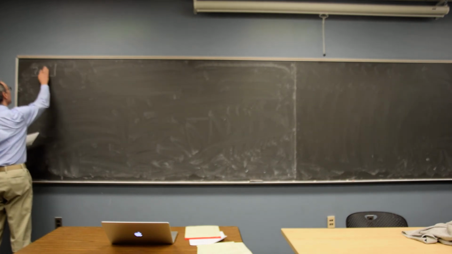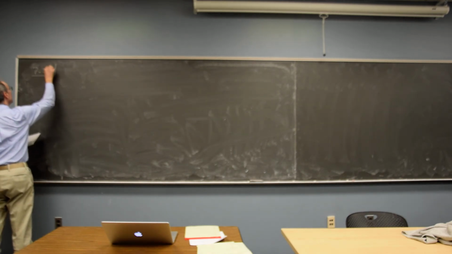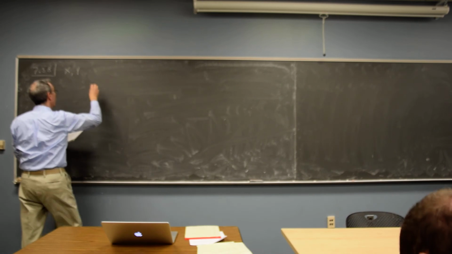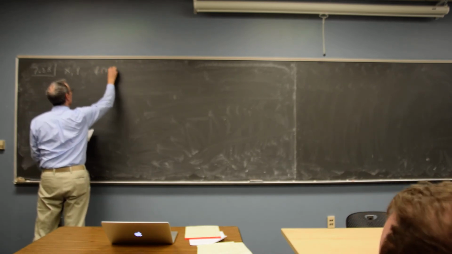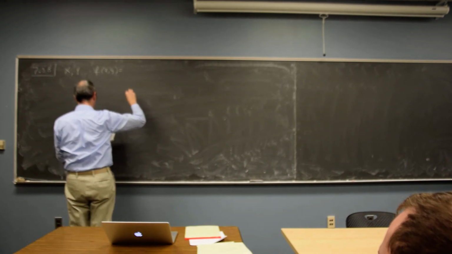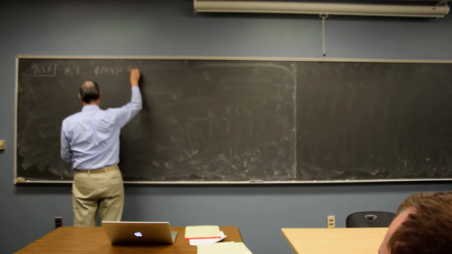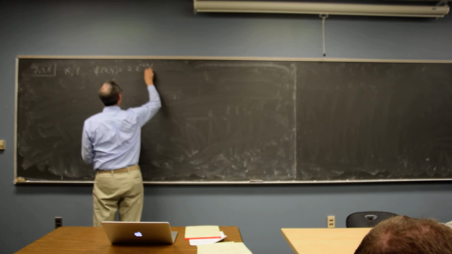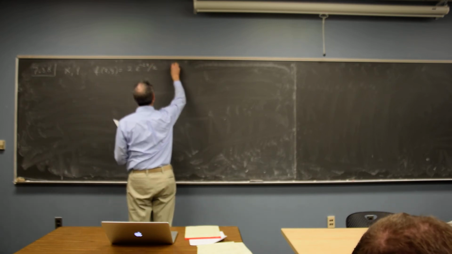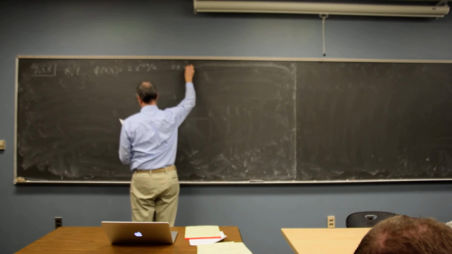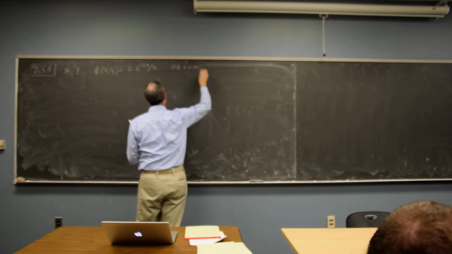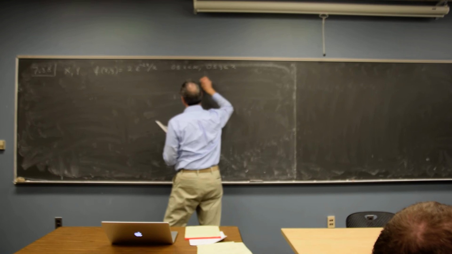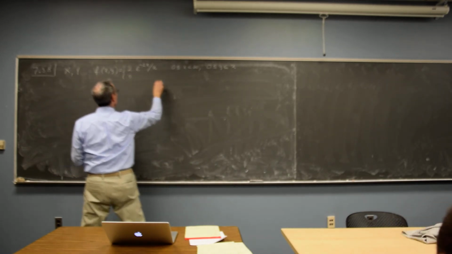So it's 7.38. f of x and y equals 2 e to the minus 2x divided by x, for 0 less or equal x less than infinity and 0 less or equal y less or equal x, and 0 otherwise.